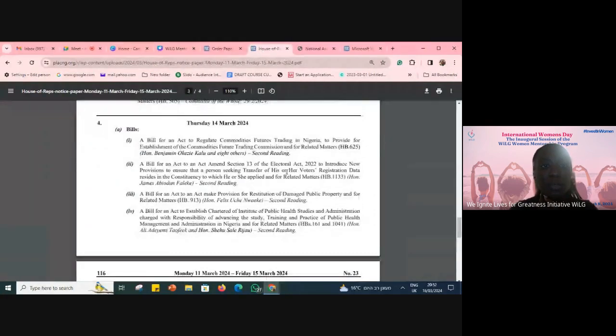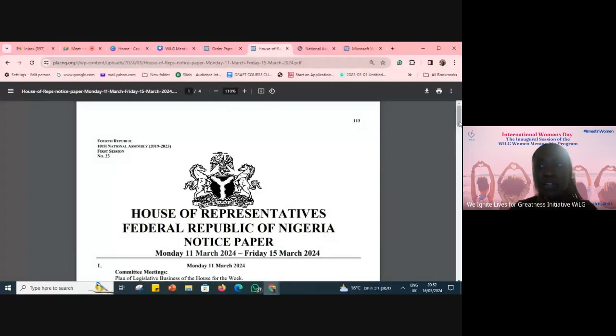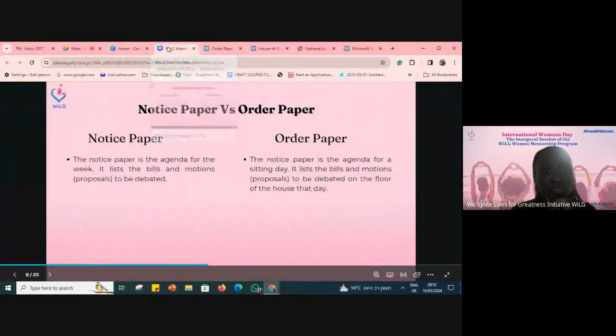But the notice paper is from Monday to Friday, and it will show all the activities that the House would do throughout the week, so that it's sent to members and they'll be able to know what they're going to do. They'll be able to plan their schedules to see if they're going to attend sittings or be in committee meetings. So that's the difference between the two.